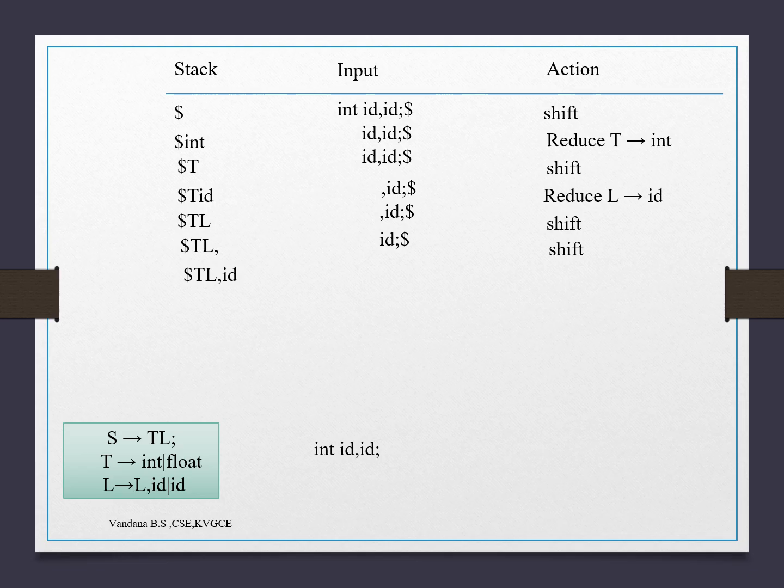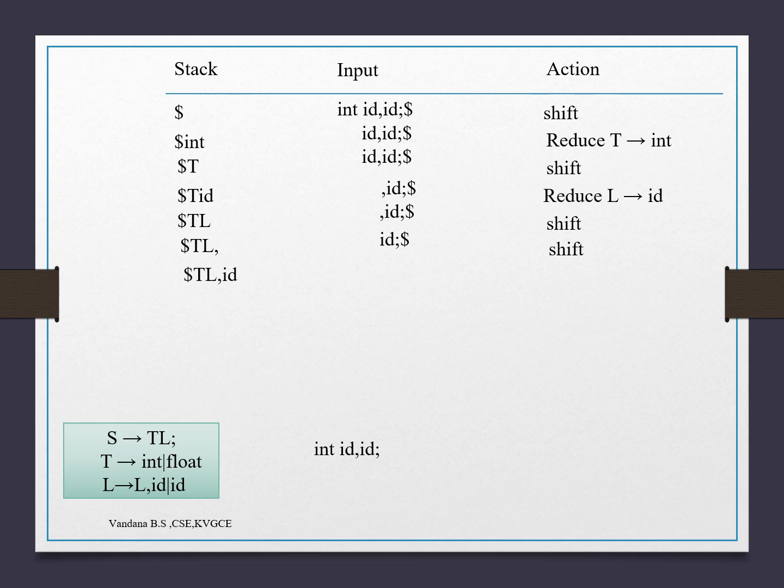Now look at ID. Is ID a handle? Yes. Now we have two options: which production should we apply? ID is a handle, and not only that, L comma ID is also a handle. Which is preferred? L comma ID. Don't reduce ID alone.